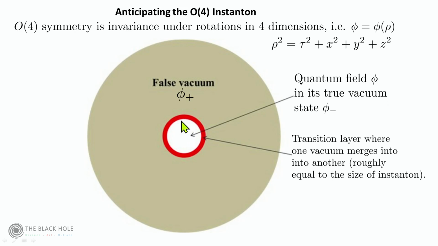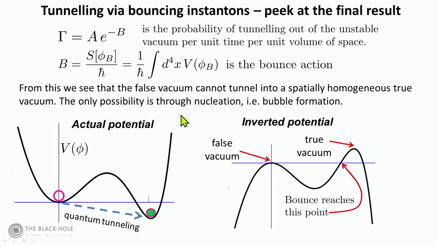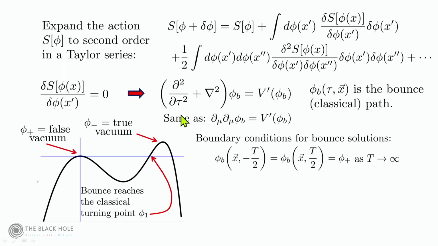The transition between false and true, or true and false, this red thing over here, this is the thing that is very narrow. So the instanton is something that goes, that's why we call it an instant. It goes instantly from one vacuum to the other vacuum. Okay, so now let's get back.